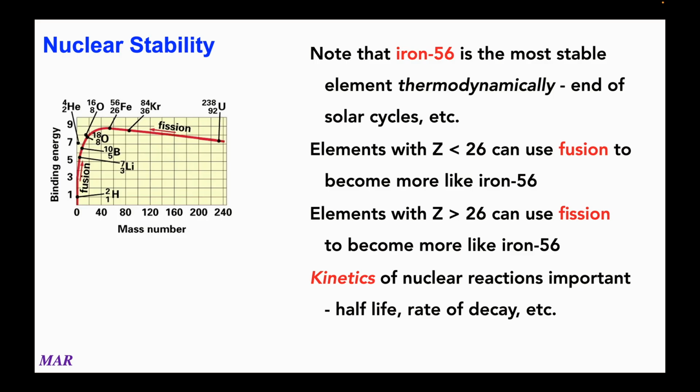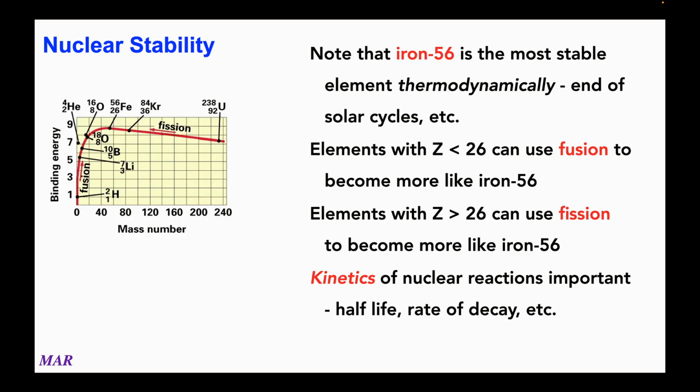It no longer can generate the fusion in order to make more energy possible. So iron 56 is kind of the end point. If you have an element that's less than 26 protons, less than iron, it'll use fusion, which we'll talk about later, to become more like iron 56.